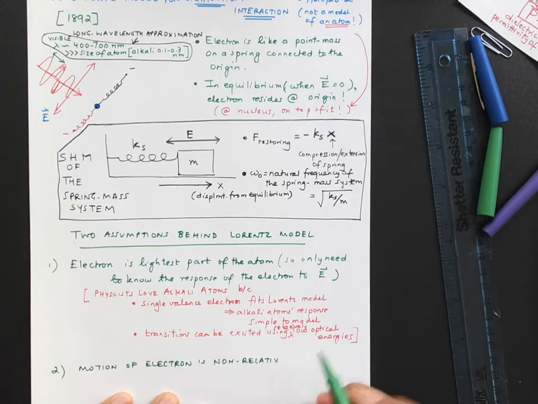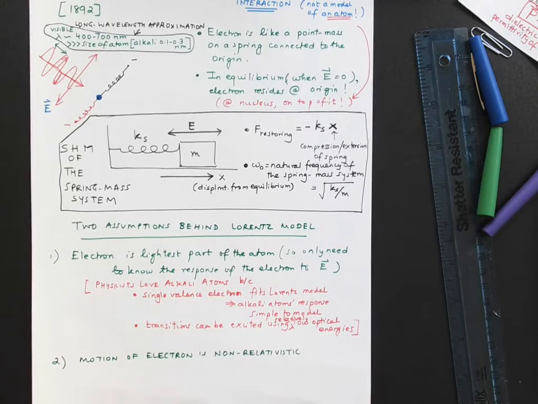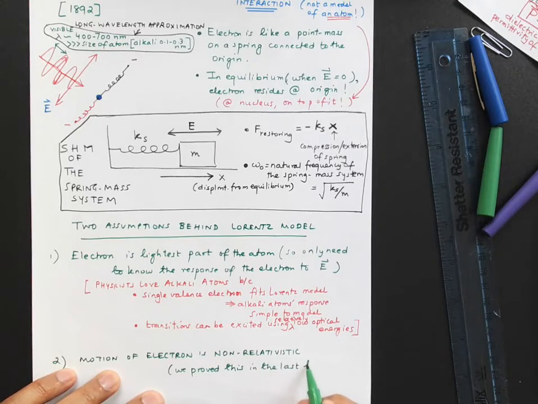And you know why Lorentz assumed the motion of the electron to be non-relativistic? We proved this in the last lecture. But you know why Lorentz assumed this?